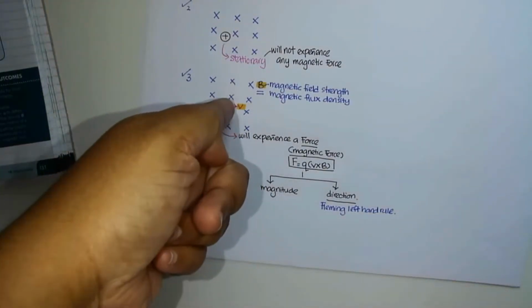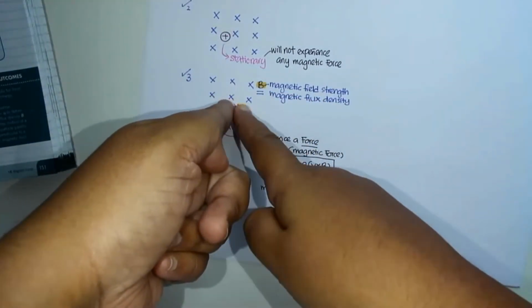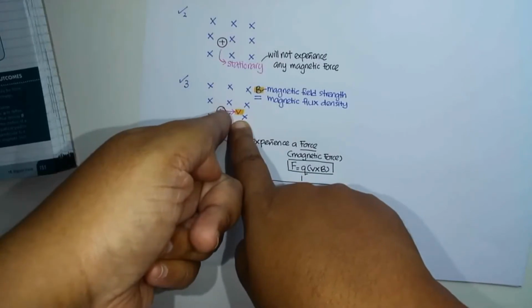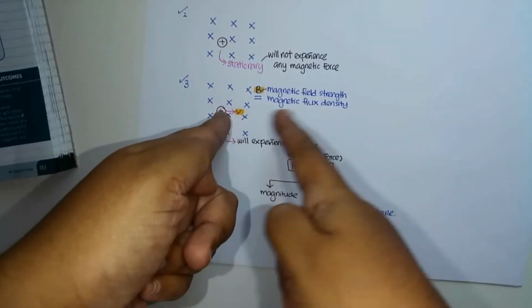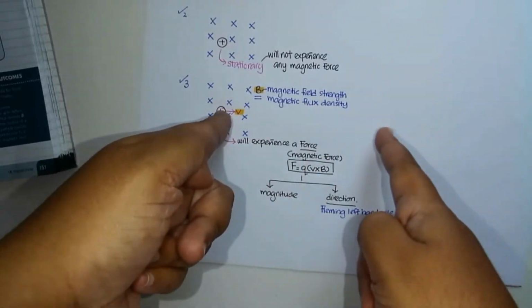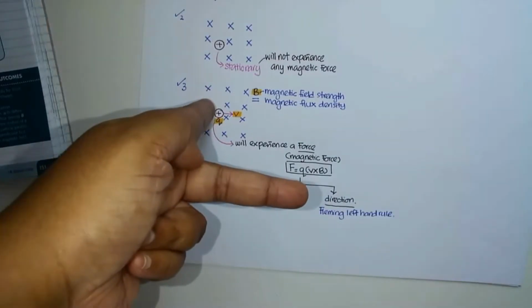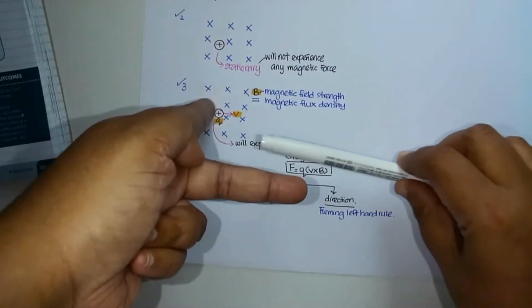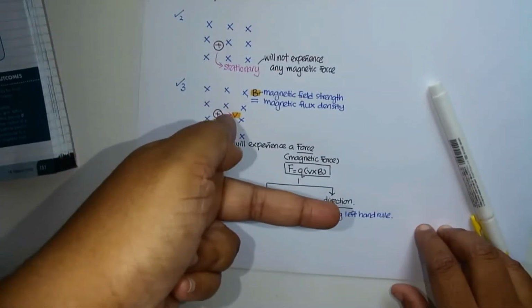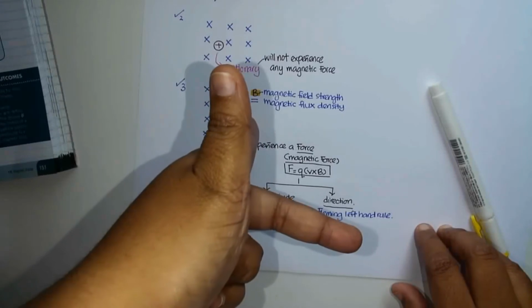Okay, into the page. Now when I know the direction of B, now I find the direction of V. I point it to the direction of V, where the direction of V is in this side. So I point it same as the direction of V. Therefore my force will be in the direction which is upward.